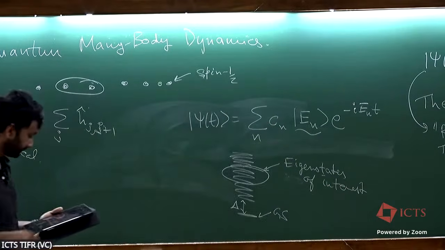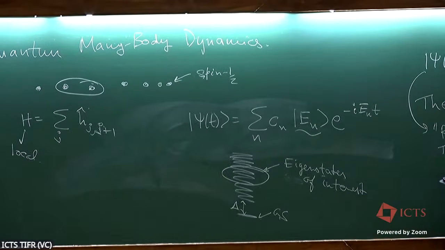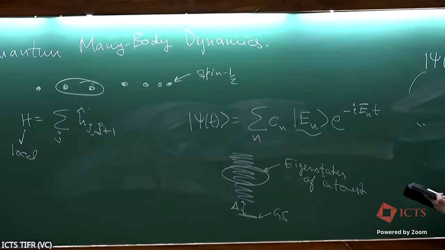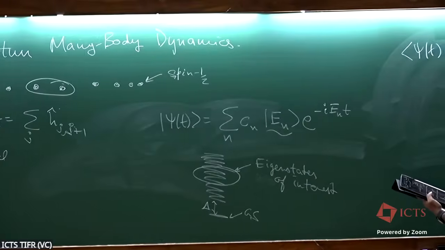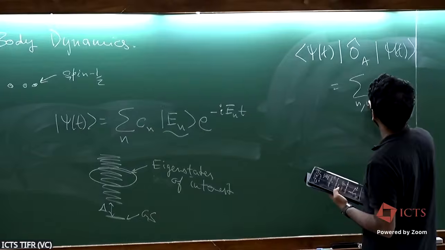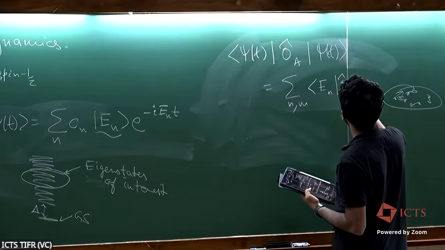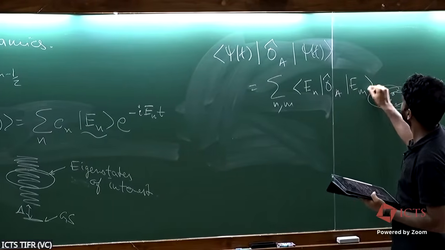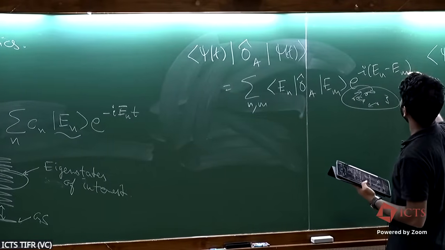Right? And in fact, if you look at this kind of an expectation value, where you have psi of t, O_A, psi of t, the eigenstates that would enter are basically all of the eigenstates. So you get something like sum of c_n c_m star, <E_m|O_A|E_n>, e to the i (E_m minus E_n) times t.